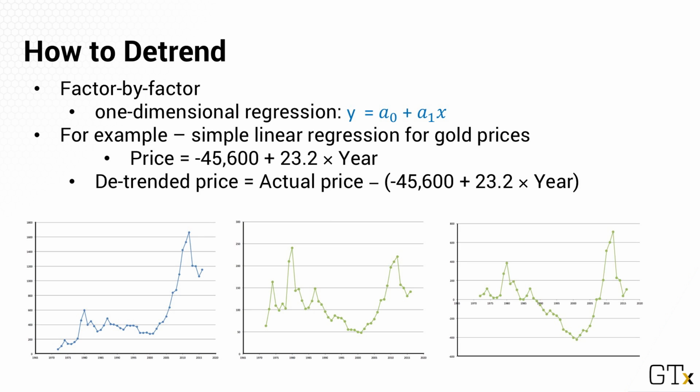As you can see, it's not so different from the inflation-adjusted graph. It's a little different because the linear fit assumes a constant rate of inflation, and the inflation-adjusted graph accounts for different inflation rates year by year. But if you don't have inflation data, you can see that the simple detrending procedure still works pretty well.